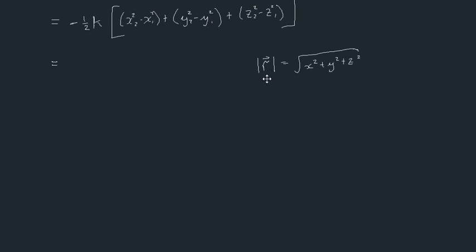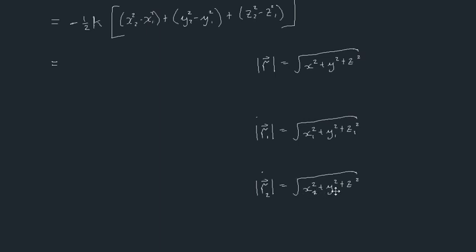So consequently, we can write this now as, and let me copy it for you, the magnitude of the displacement vector at position 1 is just going to be the square root of x1 squared plus y1 squared plus z1 squared, and the displacement vector at position 2 is just going to be the square root of x2 squared plus y2 squared plus z2 squared.